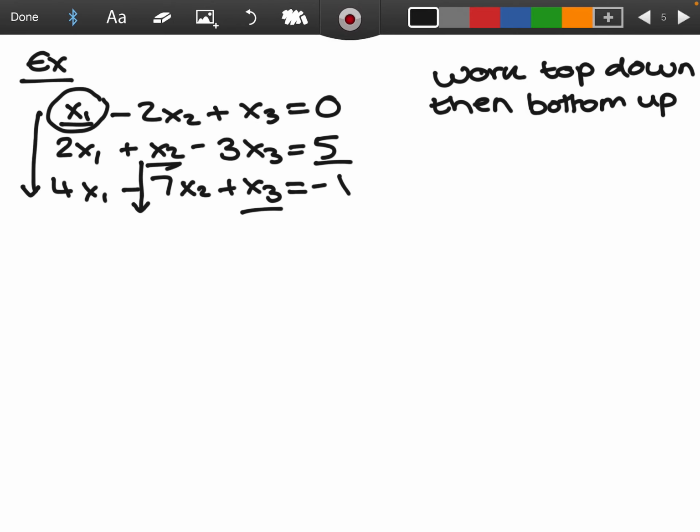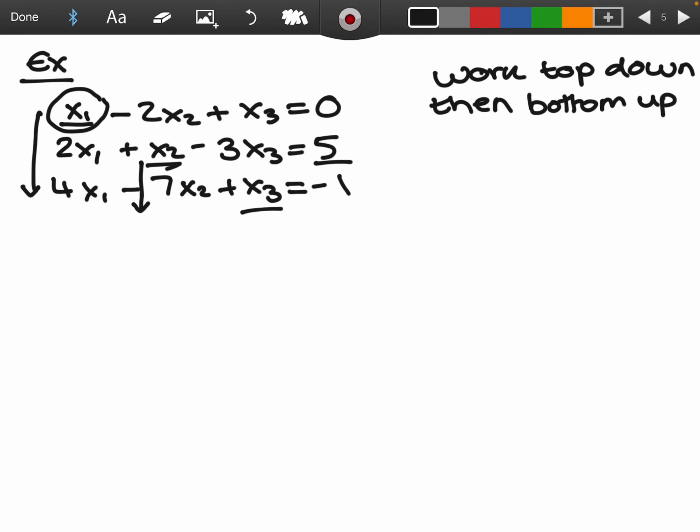So I'm going to eliminate x1 from my second and third equations. How do I do that? Well, if I take my first equation and multiply it by 2, I'm going to end up with a 2x1 here. Then I can take my second equation and subtract my first equation from it when it has been multiplied by 2.